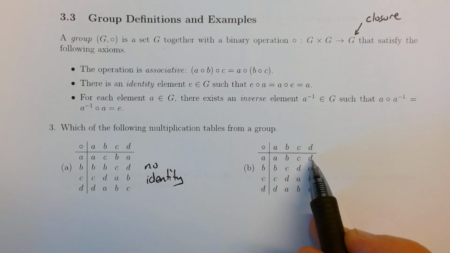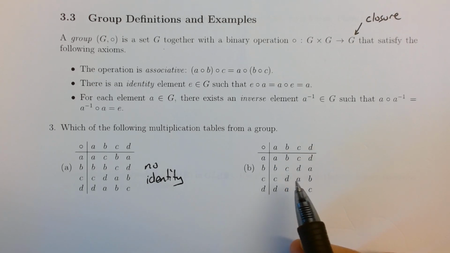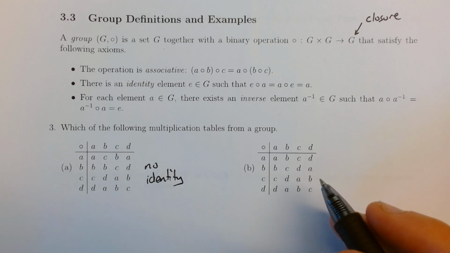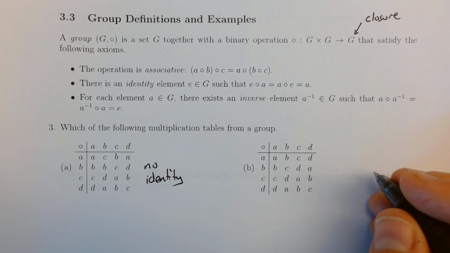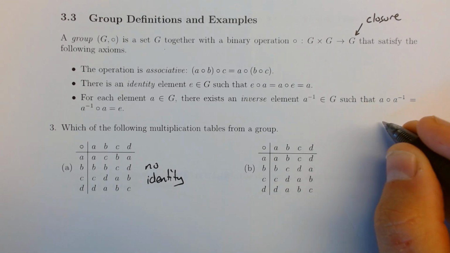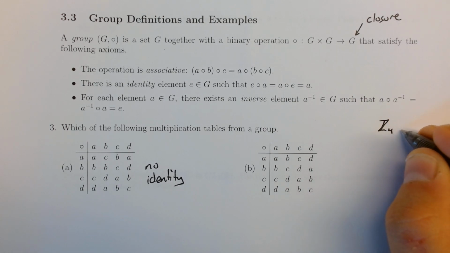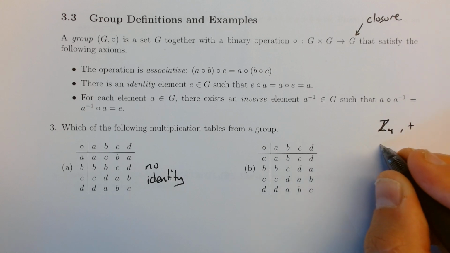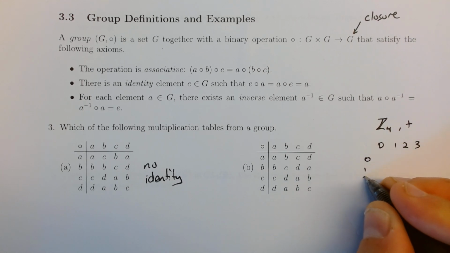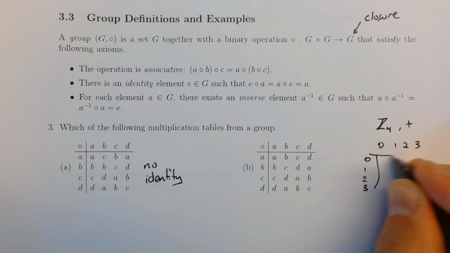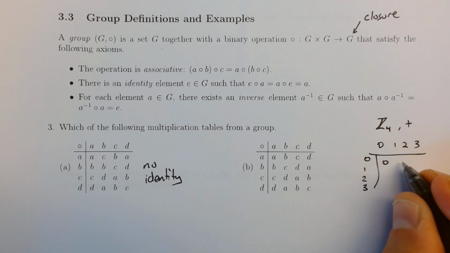Here you can see A, B, C, D showing up. And in fact, we've seen this one, or we will see this one, as Z4. If I look at Z4 under addition, you have the numbers 0, 1, 2, and 3. And the Cayley table looks like this.